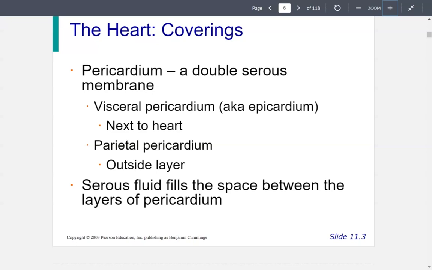The outer layer, the layer located closer to the ribs, is referred to as the parietal pericardium, and located between these two spaces is going to be serous fluid. Think of serous fluid as lubricant. It helps to make sure everything is going to glide over each other smoothly.